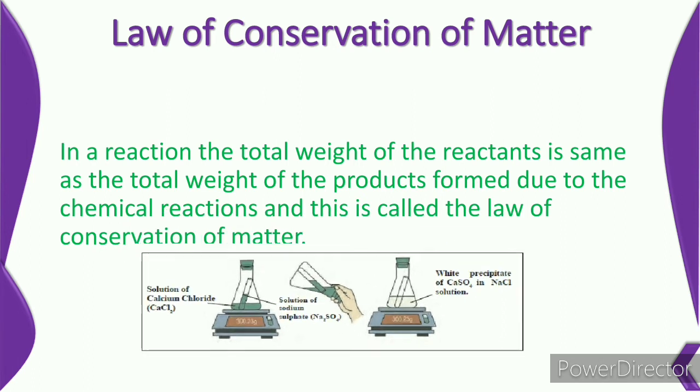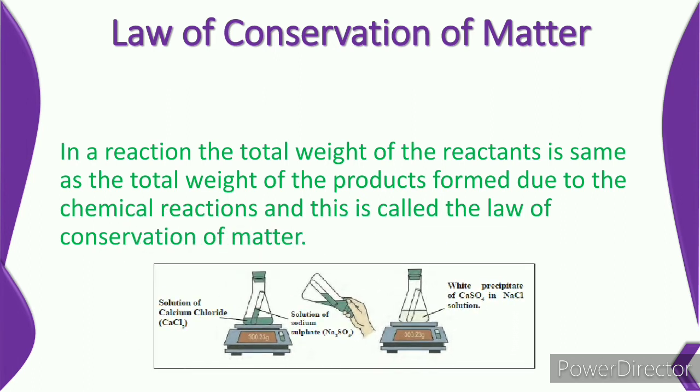Means when a chemical reaction takes place, matter is neither destroyed nor lost. The mass of the original matter and the mass of the matter formed after reaction remain equal.